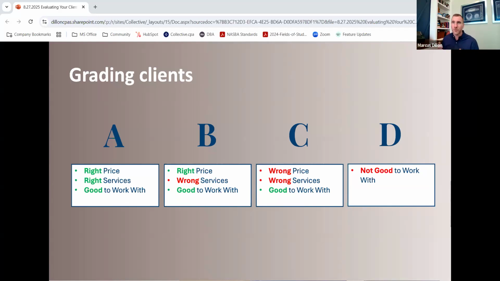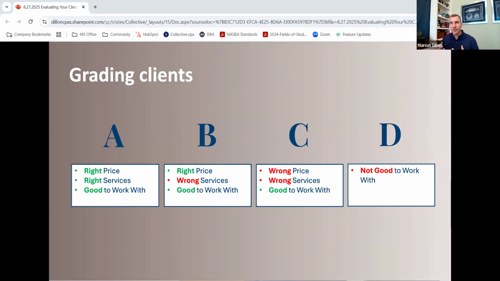So taking that a step to the right, B's are right price and good to work with, but they're just the wrong service. And we've seen this over the life cycles of DBA. We'll have clients that have either been acquired or come in the door somehow to DBA, and you want to continue serving them. You want to offer up the services that you're continuing to move to.